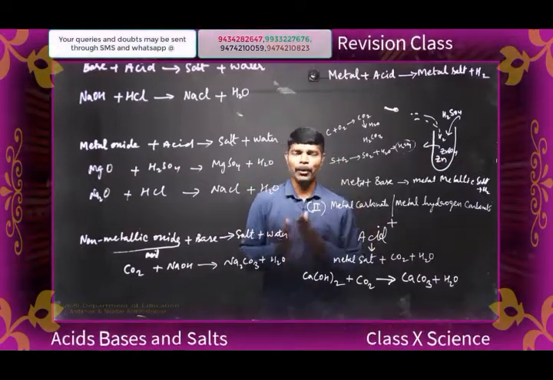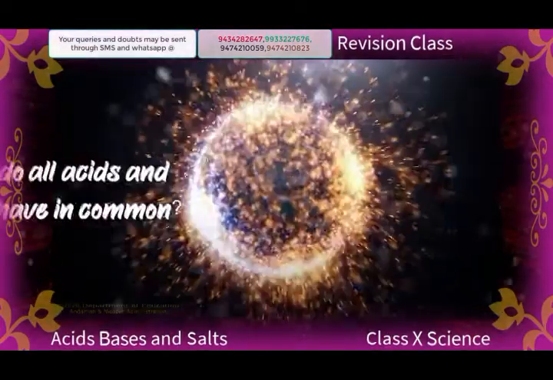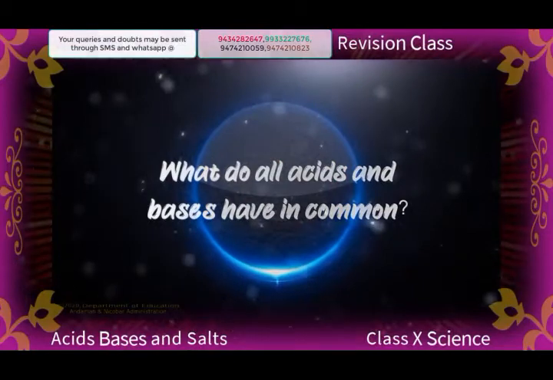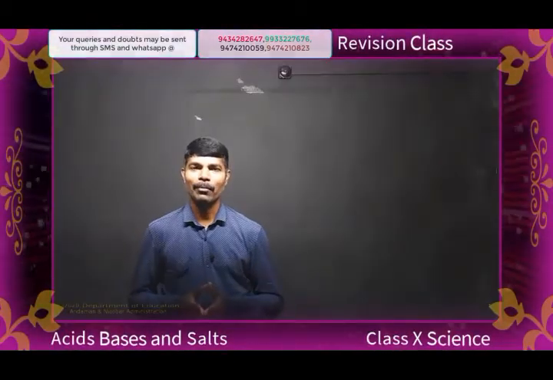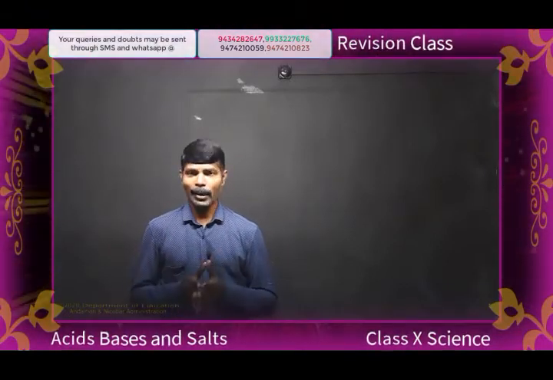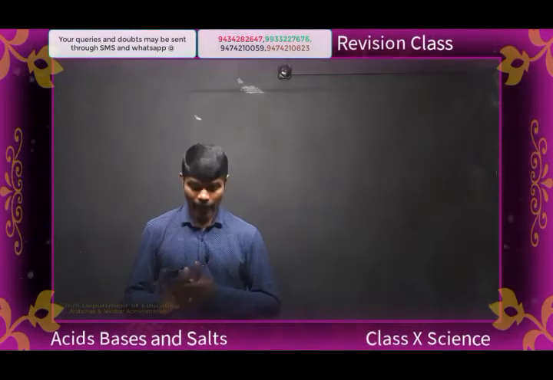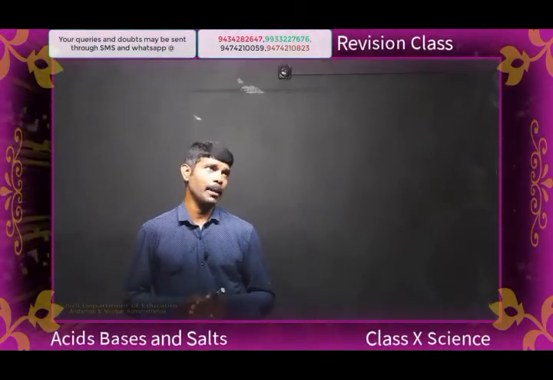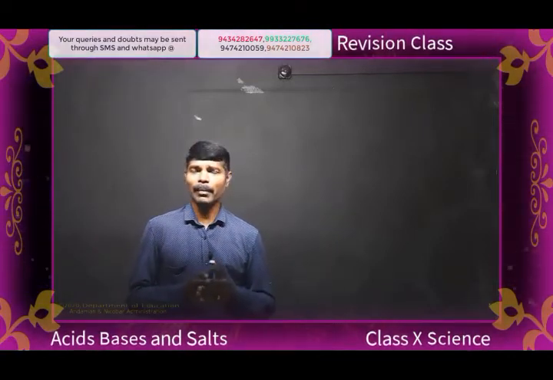Let us understand more about what we have to learn in this chapter. So dear students, so far we have revised the chemical properties of acids and bases. Now let us revise, what do all the acids and bases have in common? This is very important. Dear children, all the acids have something in common.